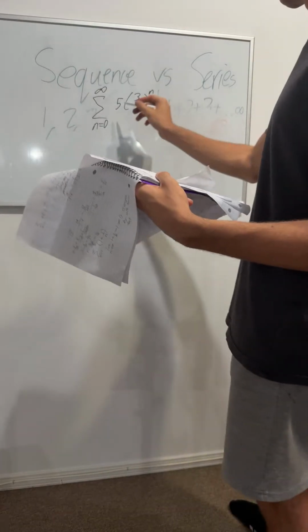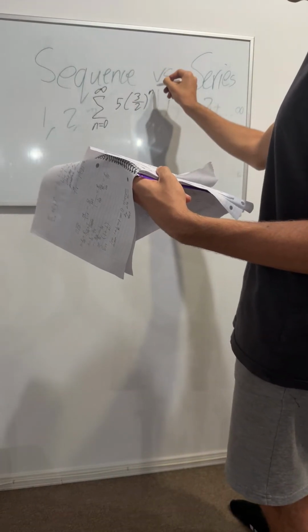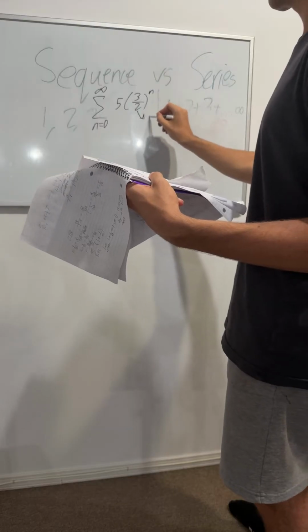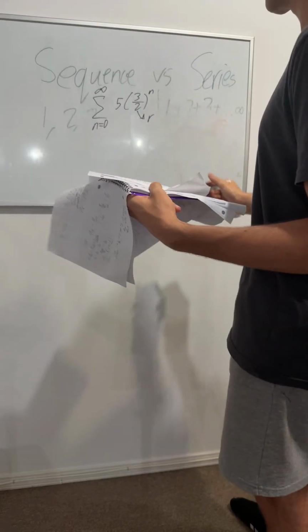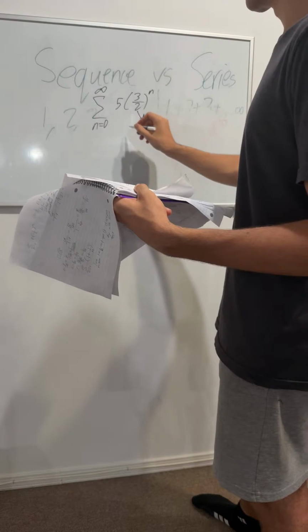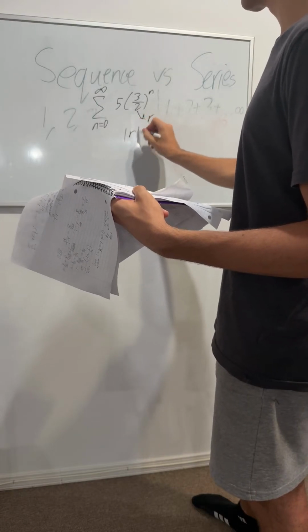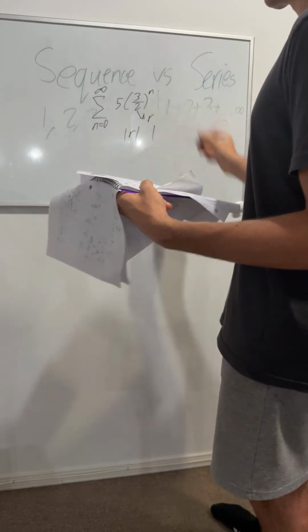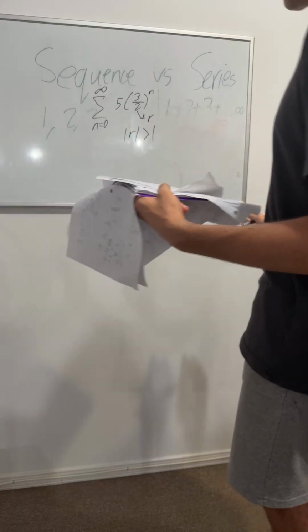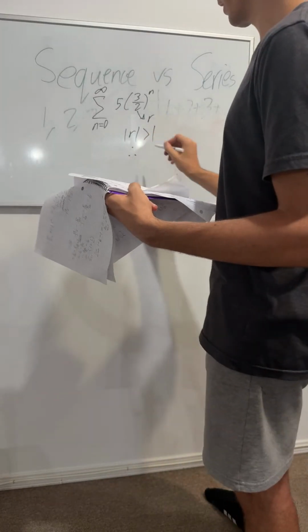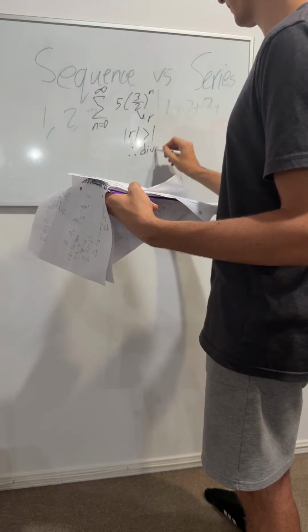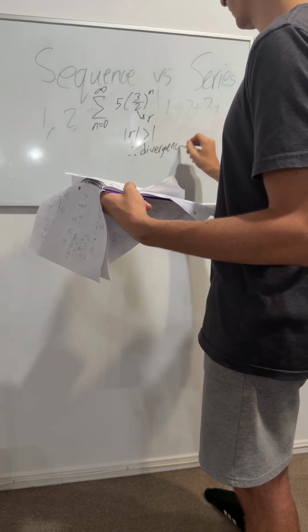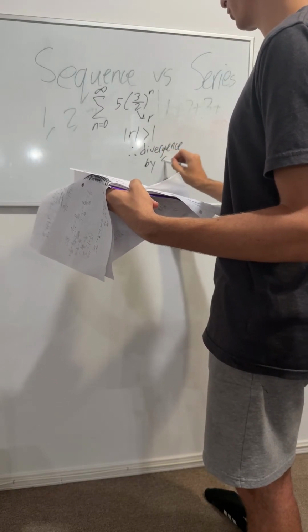Off the bat, a r to the n, this is our r. So r is 3 over 2. We compare the absolute value of r to 1. 3 over 2 is obviously bigger than 1. So we know we have divergence by GST.